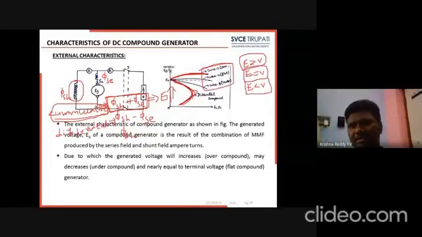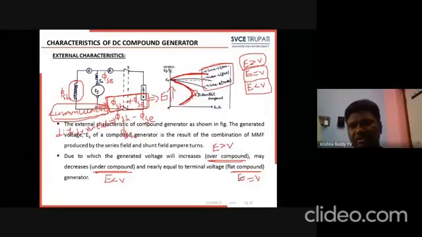Depending upon these characteristics, cumulative compound generators are classified into over compound, under compound, and flat compound generators. Over compound means the induced voltage is greater than the terminal voltage. Under compound means the induced voltage is less than the operating voltage. Flat compound means the induced voltage is equal to its terminal voltage.